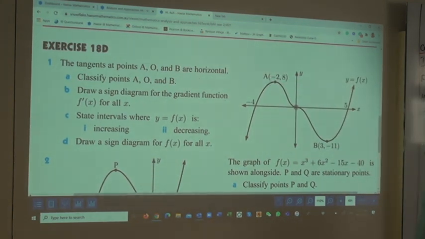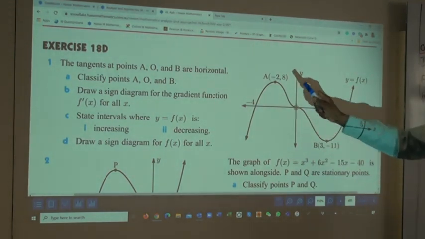Let's classify A and B. How do you classify A? Stationary? That's not a classification, they are all stationary points. Local what? Maximum. That's the classification. When the question says classify the point, tell us what it is, not what they are.